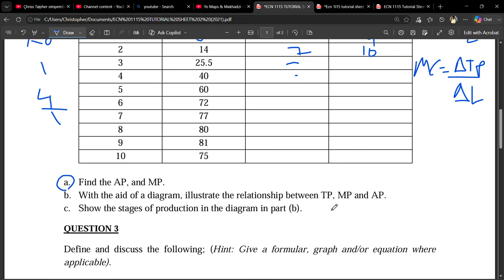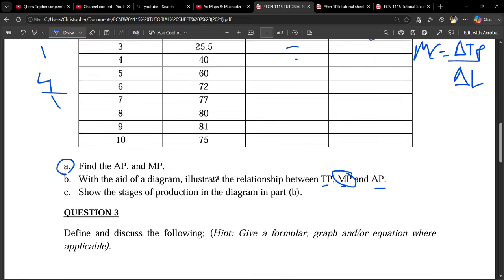The relationships you can illustrate are between total product and marginal product, and between average product and marginal product. You cannot illustrate average product with total product.